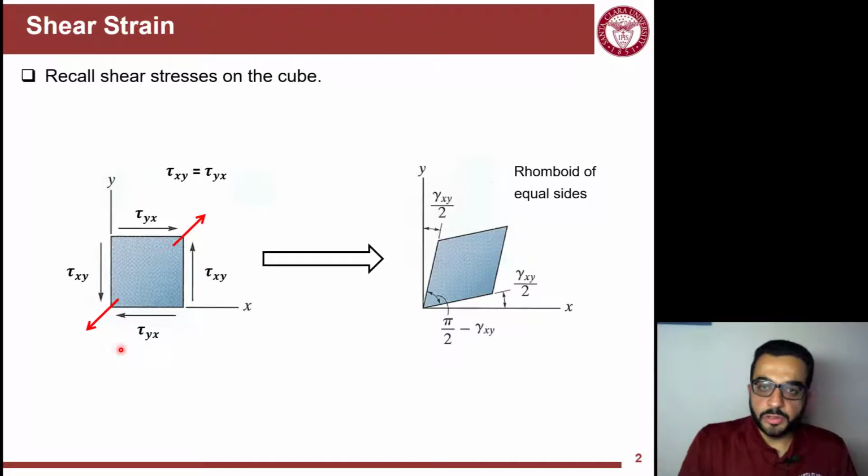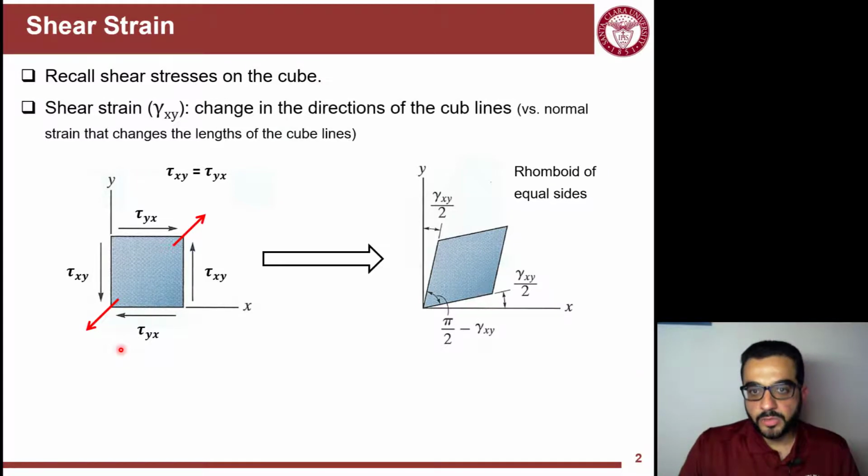And this is what we are looking for to quantify a shear strain. It is the change in the angle, and that change in the angle we call gamma. So gamma xy is the change in the direction of the cube lines.